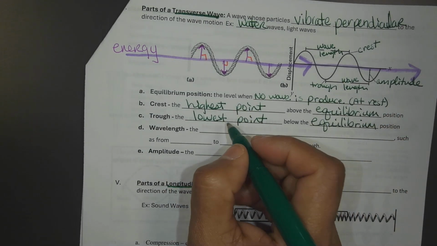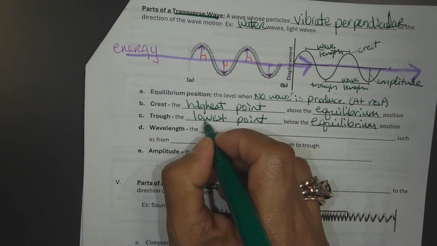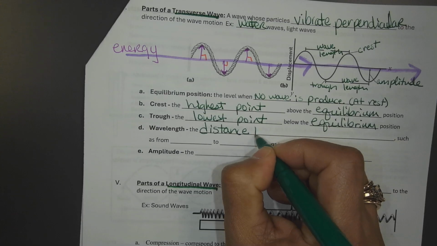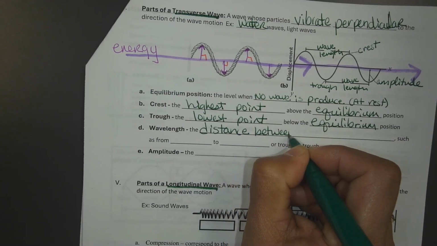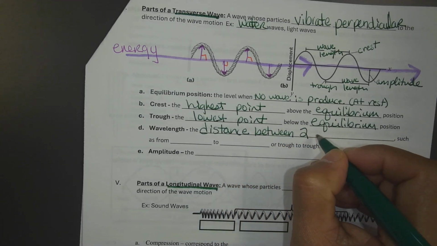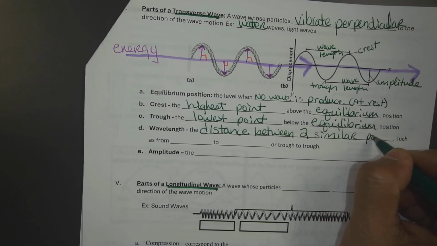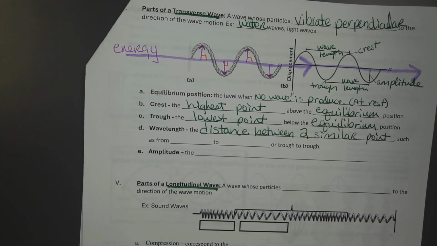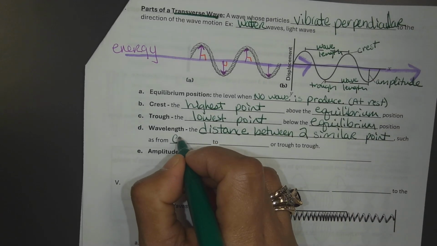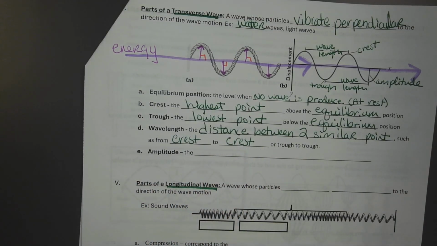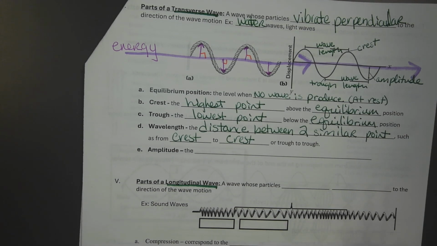A wavelength is going to be the distance between two similar points. And we mean crest to crest or trough to trough, middle to middle, however you want to label it, but two similar points.